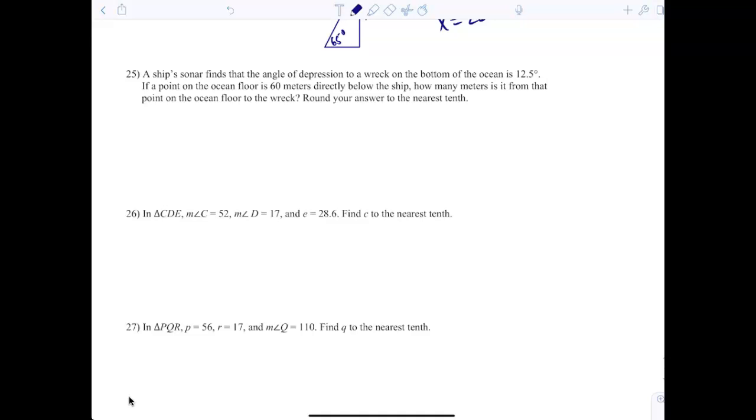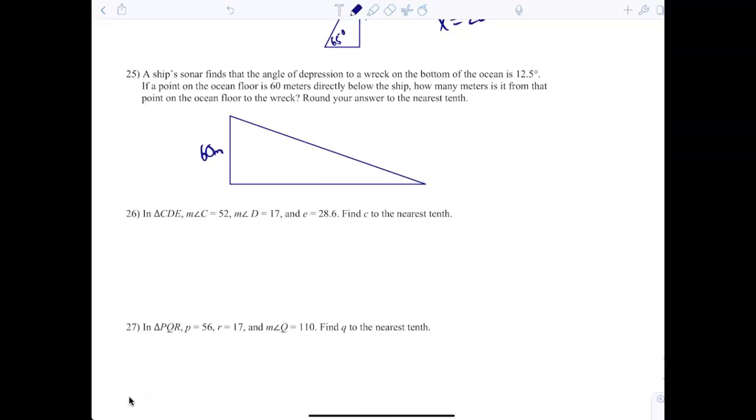Good. All right, so a ship's sonar finds the angle of depression to a wreck at the bottom of the ocean is 12.5 degrees. If a point on the ocean floor is 60 meters below the ship. So again, all I'm doing is drawing a triangle. 60 meters directly below the ship. The angle of depression is 12.5.